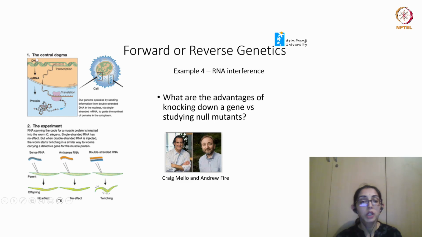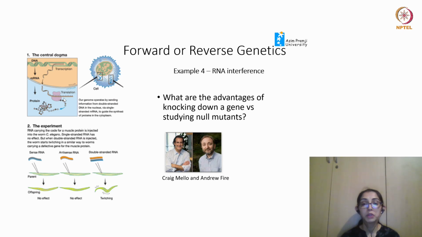So in the central dogma, you go from DNA, which is transcribed, to mRNA, which is then translated to protein, right? So this mRNA, right, when you introduce a double-stranded RNA molecule into the cell, into the cytoplasm, this can bind to the mRNA molecule and cause the mRNA molecule to be destroyed, right?